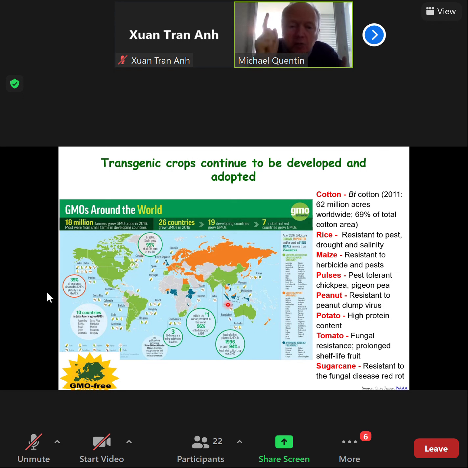Okay? To give you an example, in India, which is the first producer of cotton, 96% of the cultivated cotton is GMO. Okay, so almost 100% of the cotton which is cultivated in India is GMO.